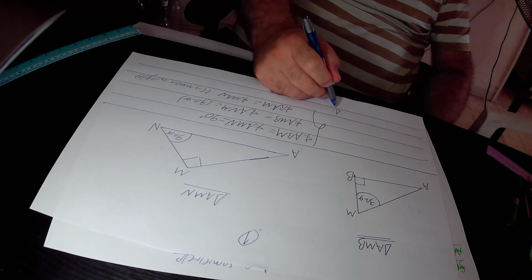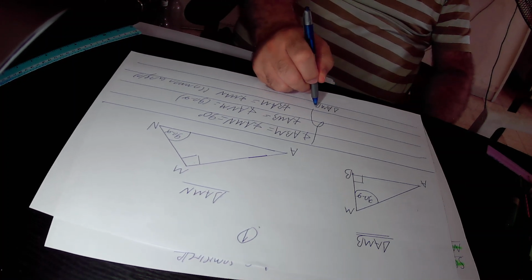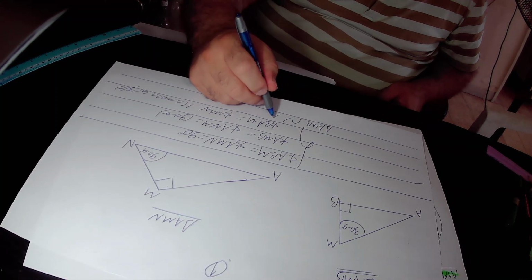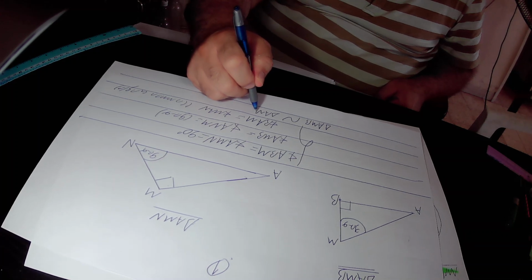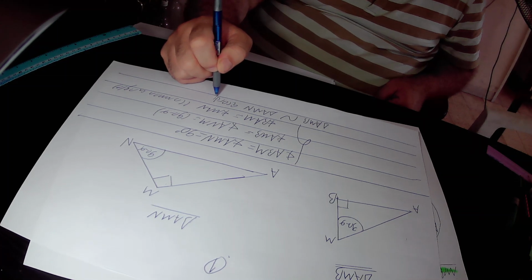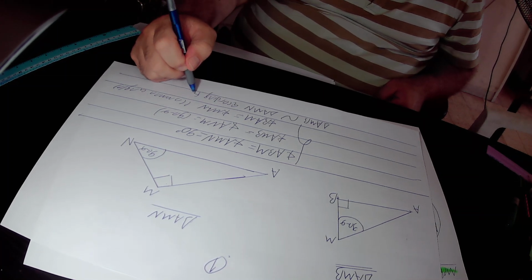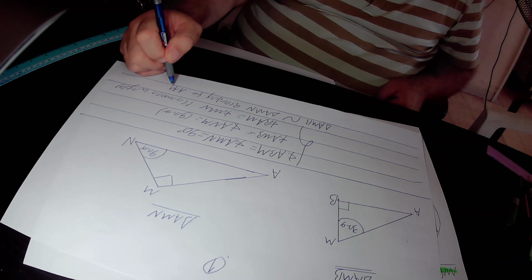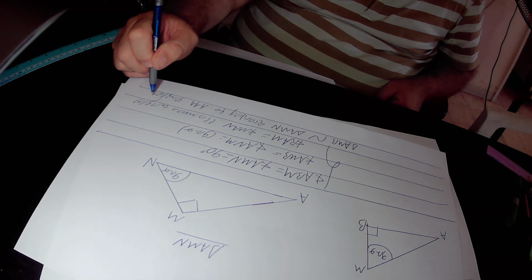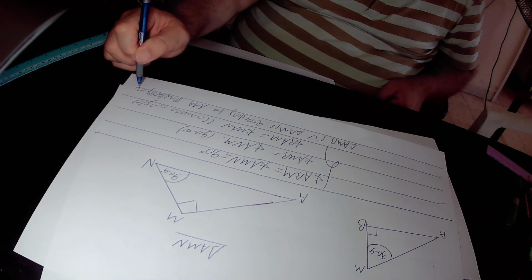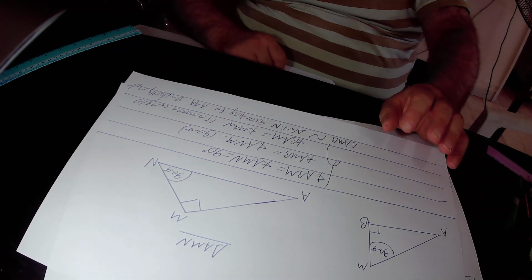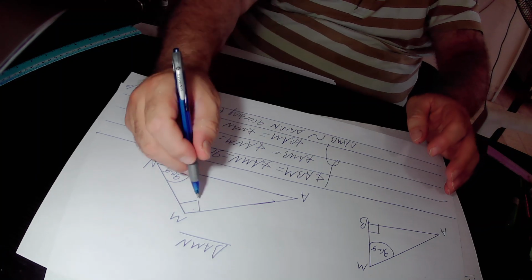We found out that triangle AMB is similar, this is the sign of similar, to the right triangle AMN according to the angle similarity rule. And from the fact that those two right triangles are similar to each other, we derive that the following relationship exists between their sides.